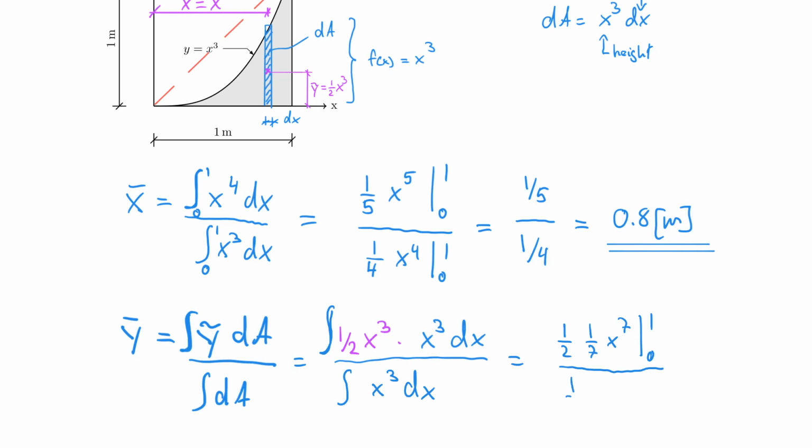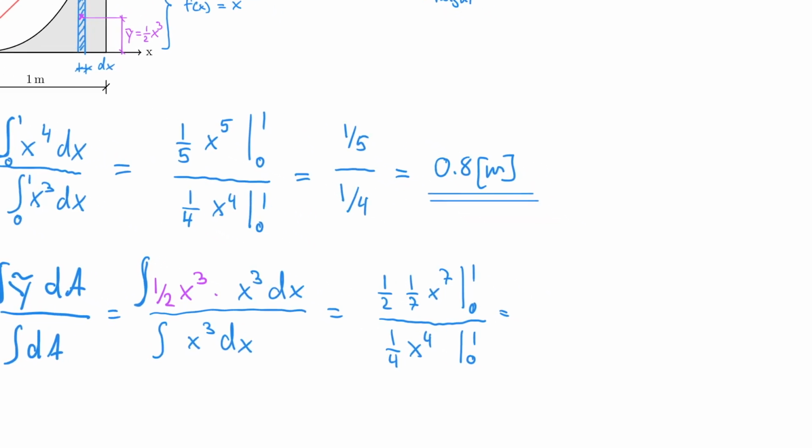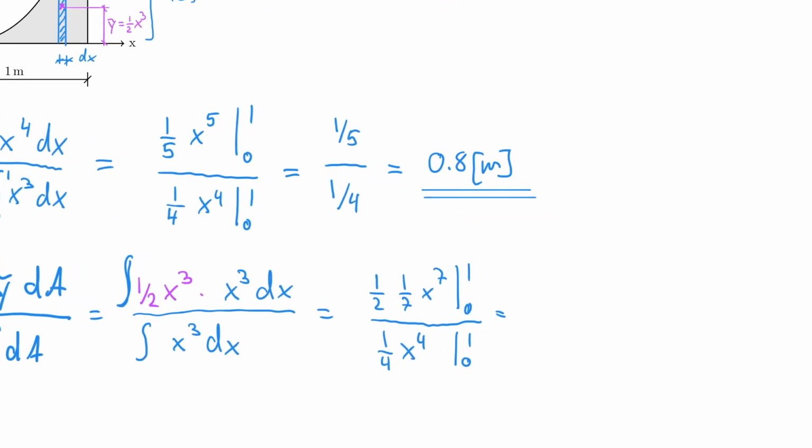In fact, it's 1/4 x to the 4 from 0 to 1. And if I solve this now, I end up with 1/14 divided by 1/4, and ultimately with 0.2857 meters.